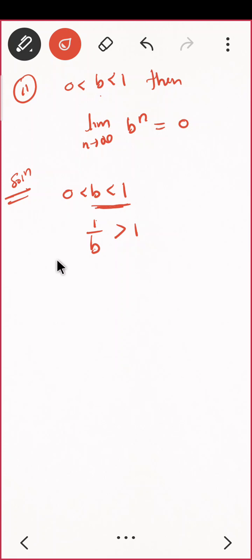So can I write 1 by b as 1 plus something, some positive number? Because it is greater than 1, can I write 1 by b as 1 plus something, and that something is a positive number? Can I do that? Okay. Yes. What else should I do now?